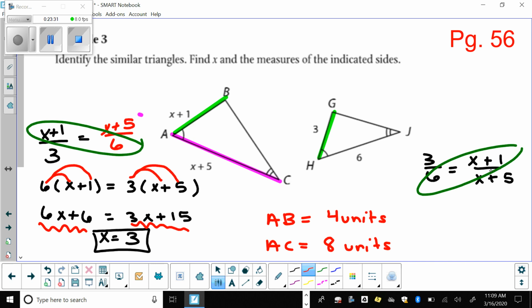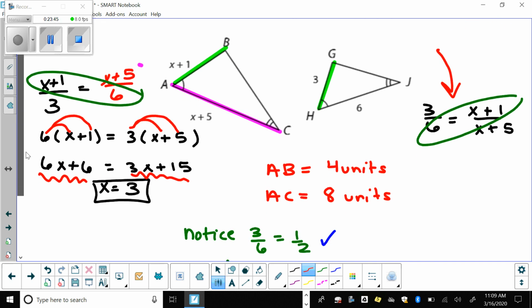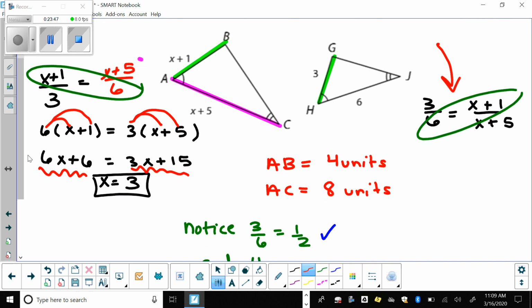Here's, again, just another way to set up the proportion. Do I care which method you use? No, because it gives us the same answer. All right, and then lastly, it said find the measures of the indicated sides. So I just had to go back and substitute. So if my X value is 3, X plus 1, that's how I get 4. 3 plus 5, that's how I get 8.